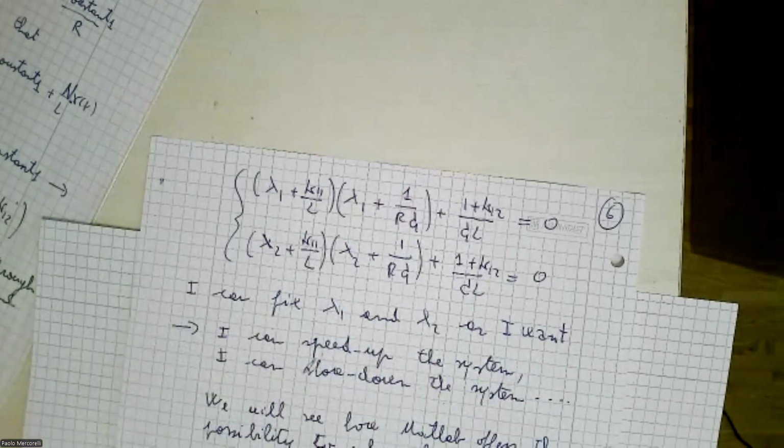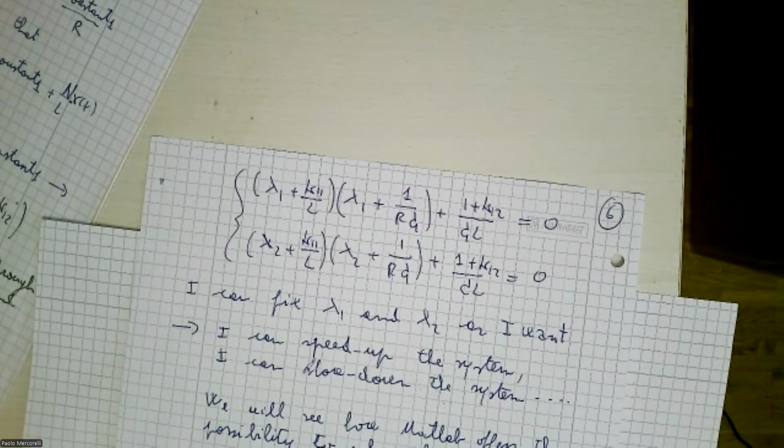This here, let me show you. Which depends on the parameters L, R, and C. This means if I don't know exactly L, R, and C, I cannot calculate exactly K11 and K12.